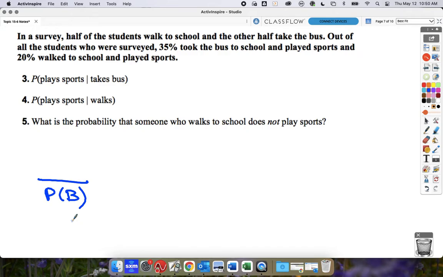It's 50%, because half the students walk to school and half the students take the bus.